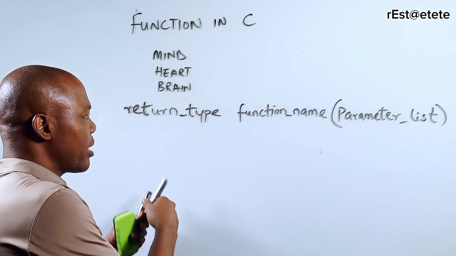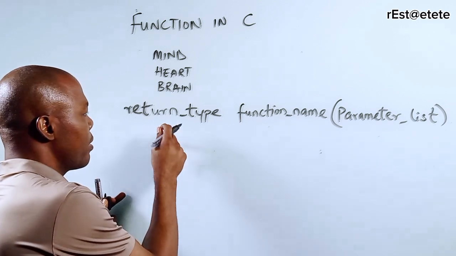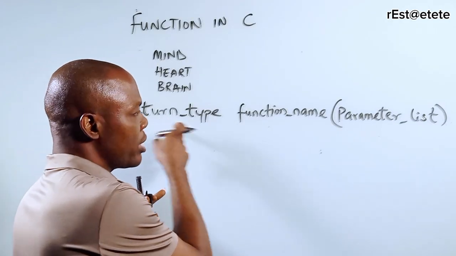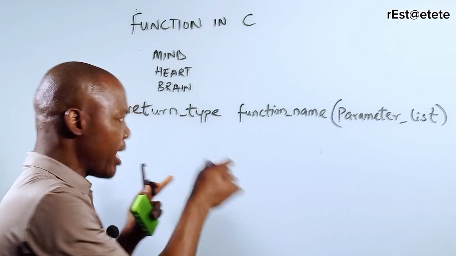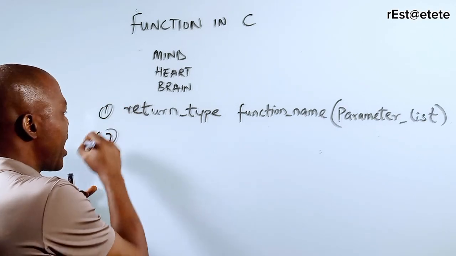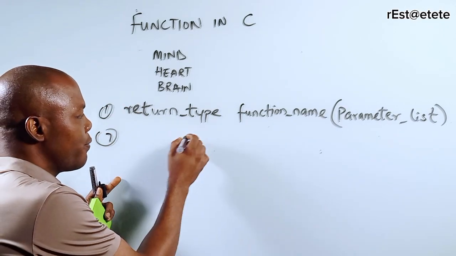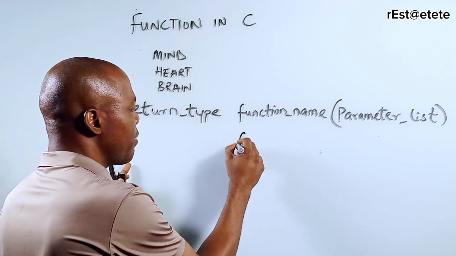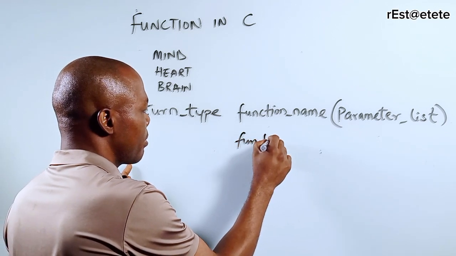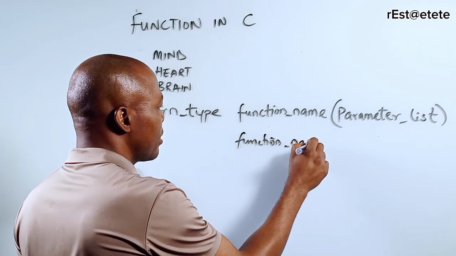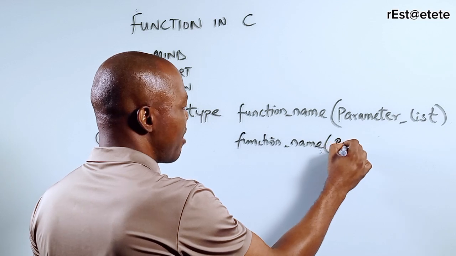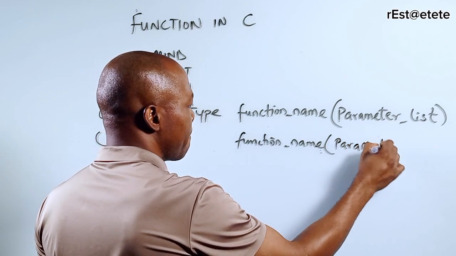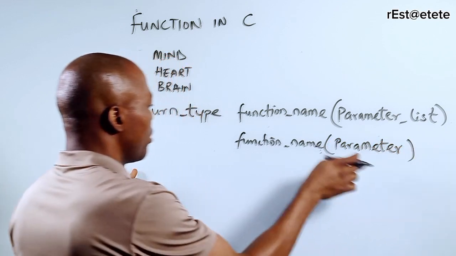We can extract a function that will have both return type and parameter list. So that is one, right? Then we can have the second one. We have a function without a return type. So you have function name, then that will have parameter, but no return type.